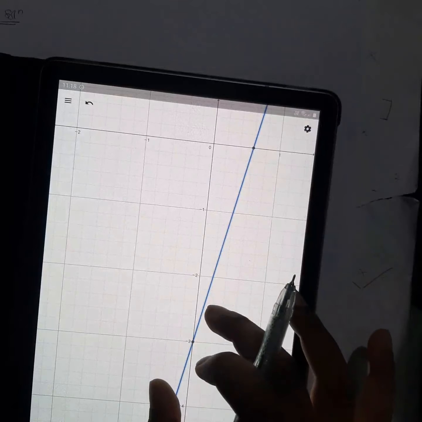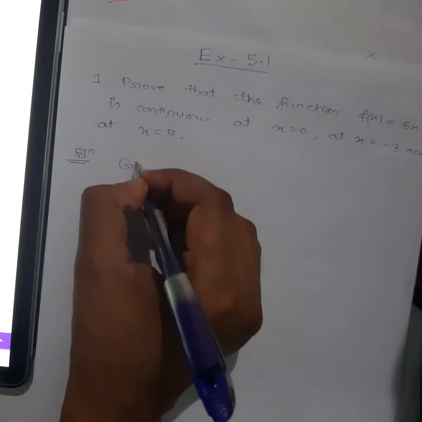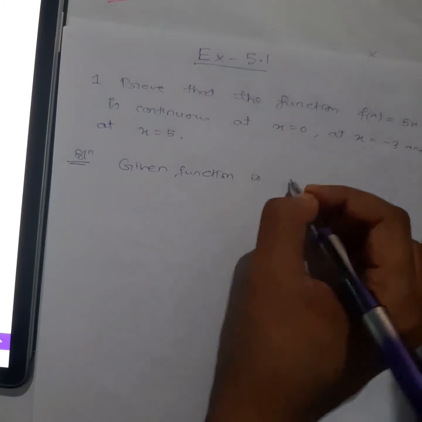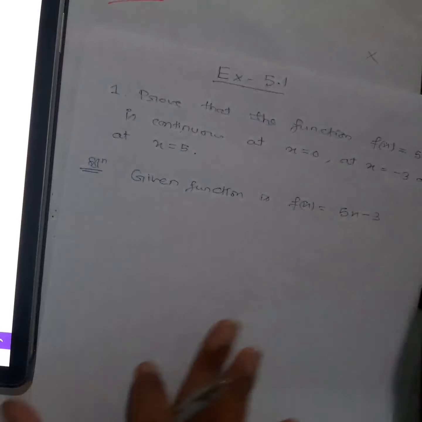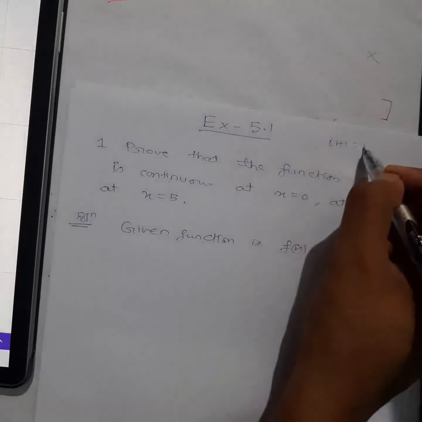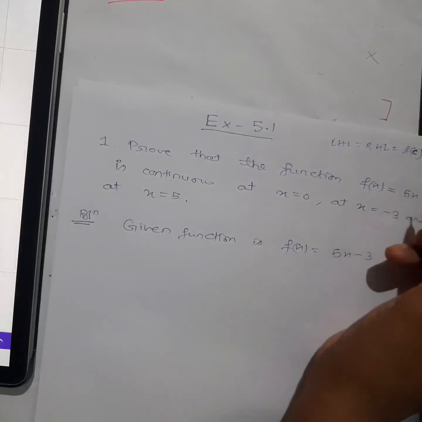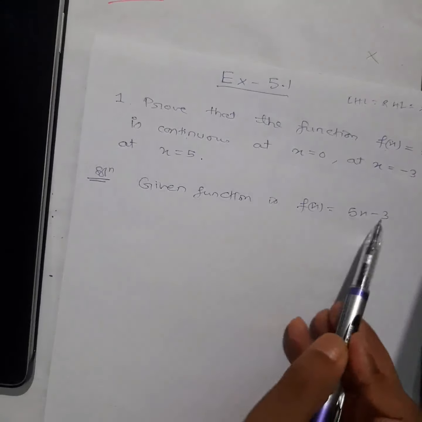So how will I show it in the writing portion through limit? So see, your given function is f(x) equal to 5x minus 3, and to show the function is continuous, left hand limit is equal to right hand limit is equal to f of that particular point, whatever you're taking, you have to find that value. So given function is this one.